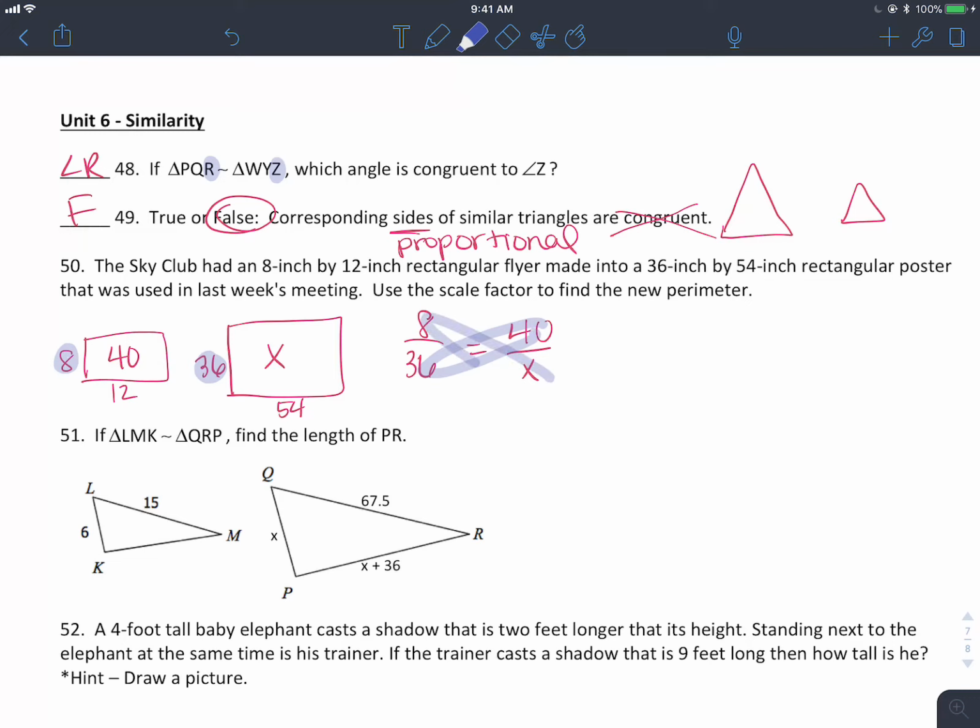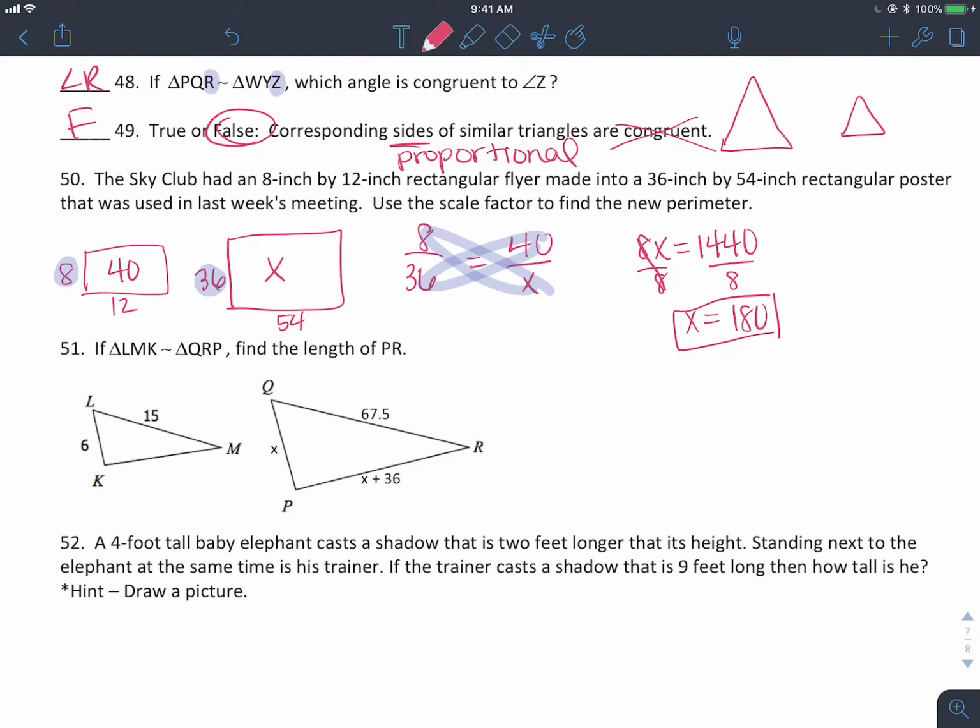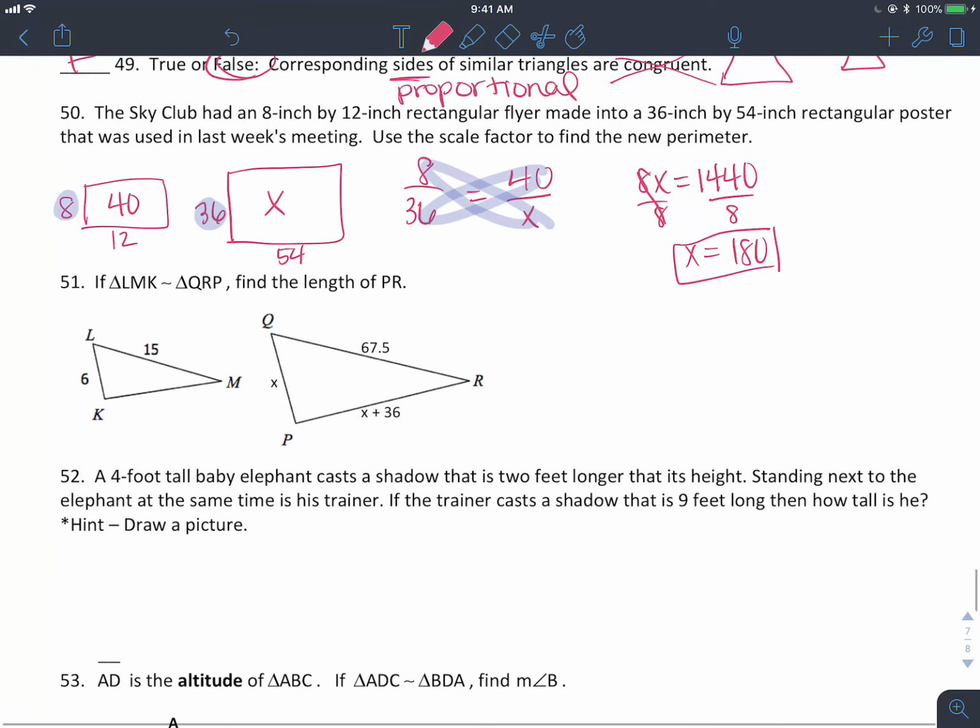I'm just going to cross multiply. So I'm going to have 8x equals 1440, divide by 8, and x equals 180. So the perimeter of our big rectangle is going to be 180. The other way you can do that, 36 plus 54 plus 36 plus 54, does equal 180.